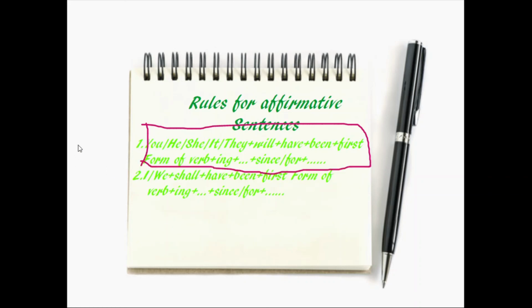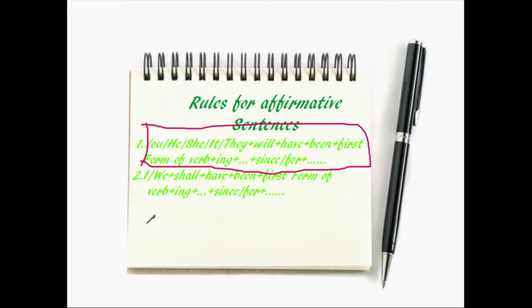Before this also, if any word is coming, if it is meaningful, then you can add it. By afternoon or by evening, she will have been going to US for 3 years.